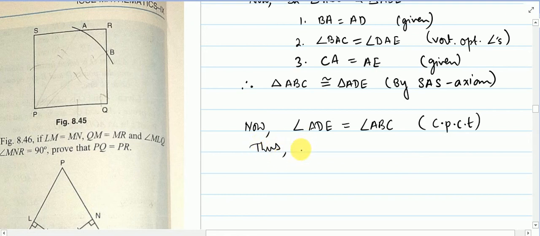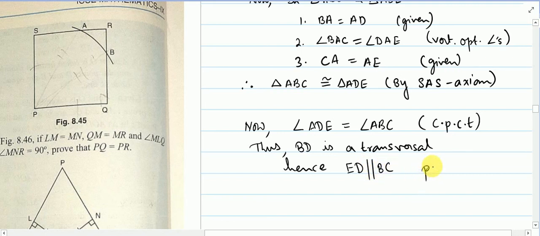Thus, BD is a transversal. Hence, ED is parallel to BC. Proved. Okay. Now we will see the next question.